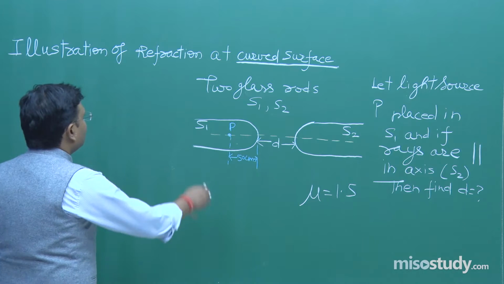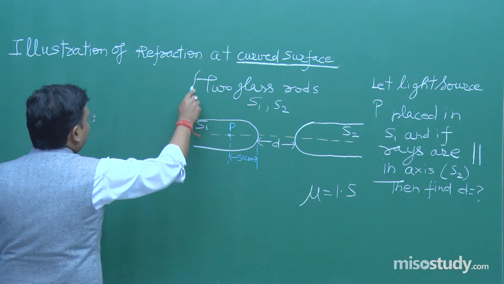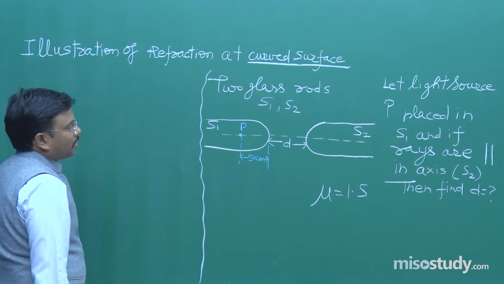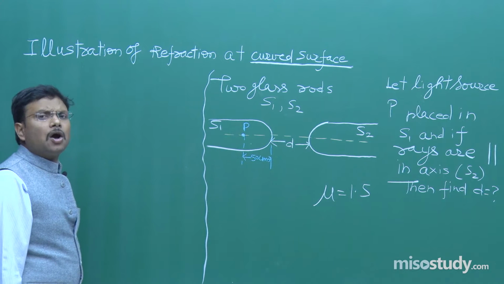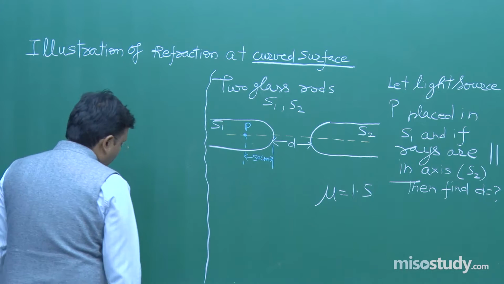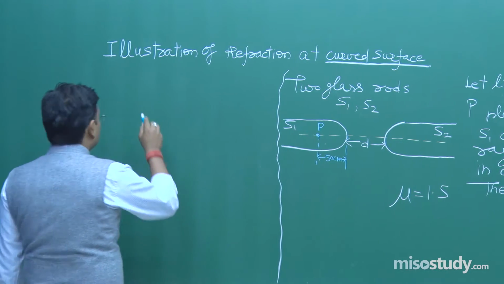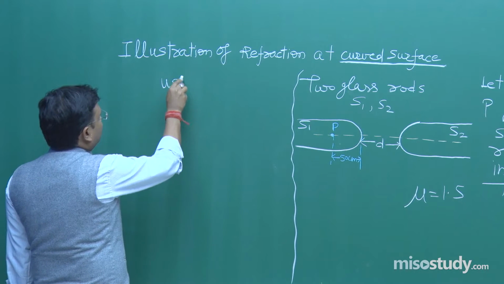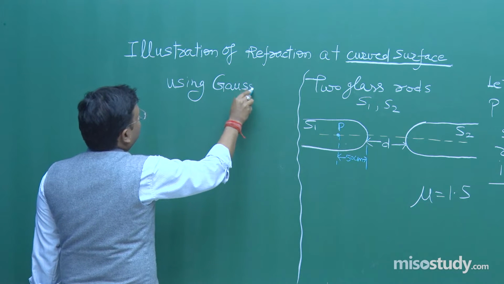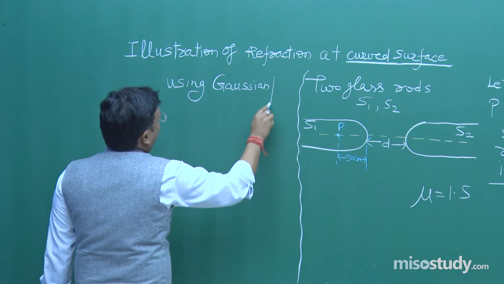Now, over here I would like to write down that during the discussion of this topic, I simply used the Gaussian relation. What was that Gaussian relation? That I would like to mention. I will say, using the Gaussian formula.